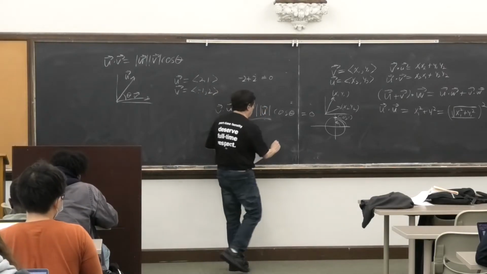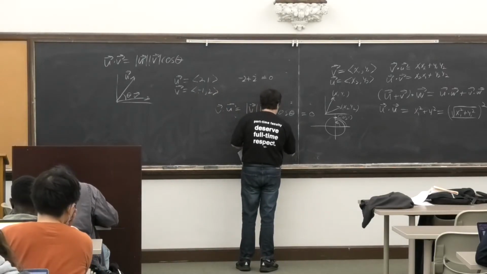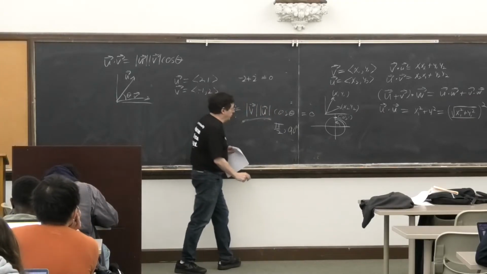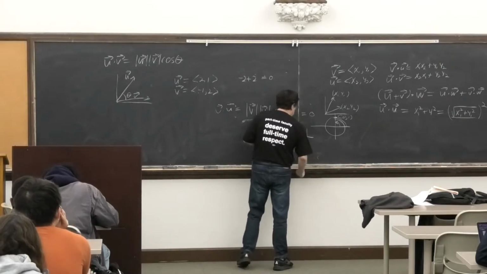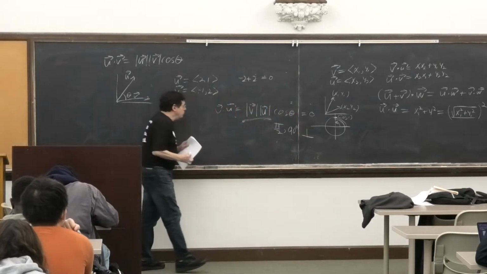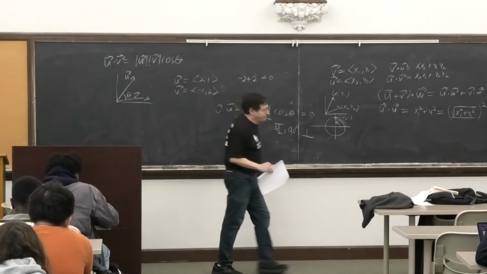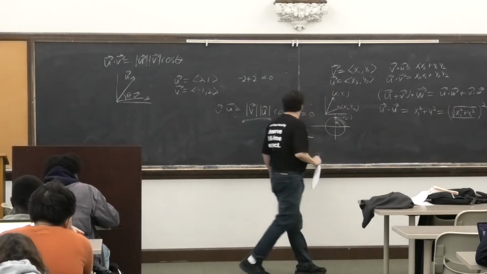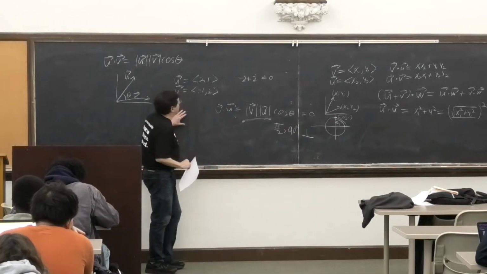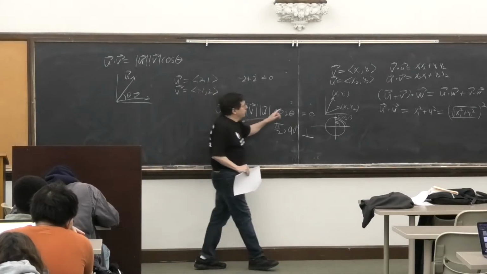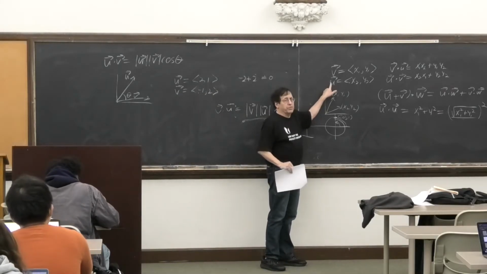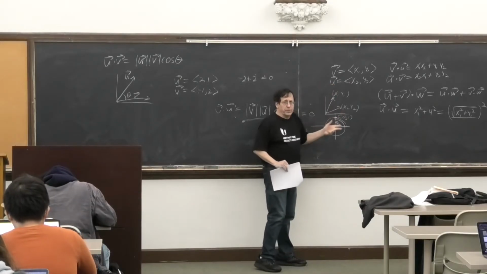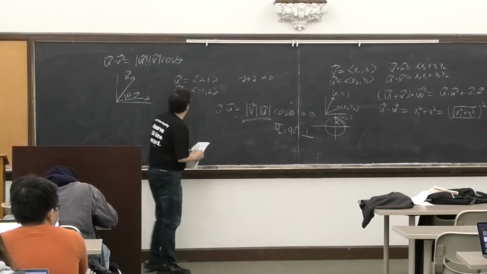Pi over 2, or 90 degrees, or as we sometimes say, perpendicular. Well, that's nice to know. If the dot product of two vectors is 0, they're perpendicular, right?